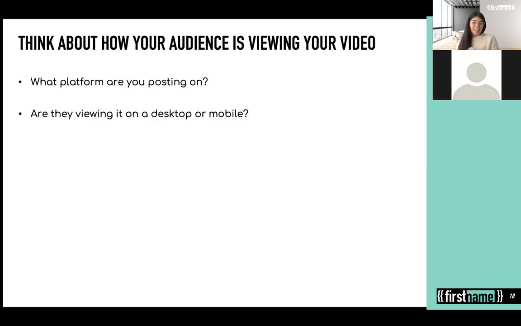So, for instance, 80% of Twitter users at least use a mobile device, and 93% of video views are on mobile devices on Twitter. On Facebook, I mentioned that 98% of users use at least a mobile device, and 79% of users exclusively use a mobile device.